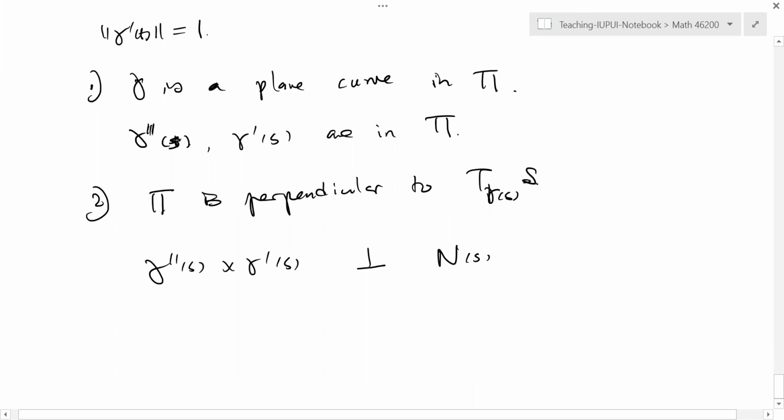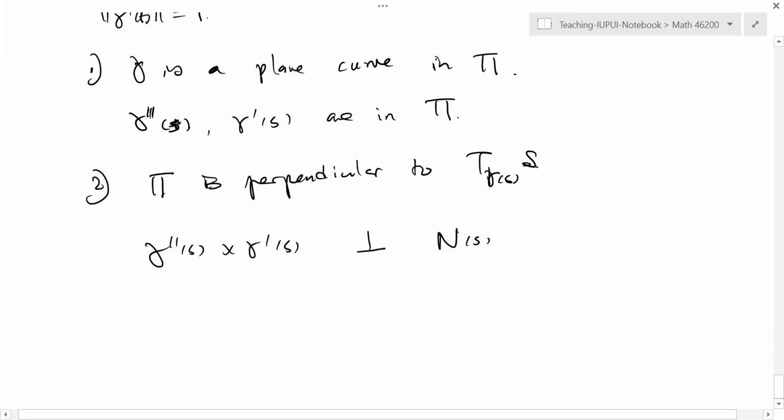So why is the geodesic curvature 0 in this particular case? Look at the geodesic curvature, that's k_g.